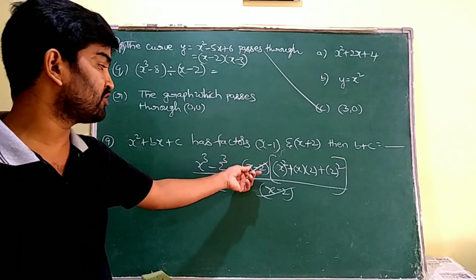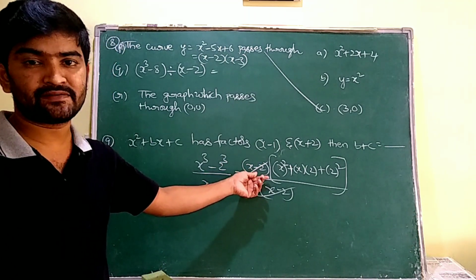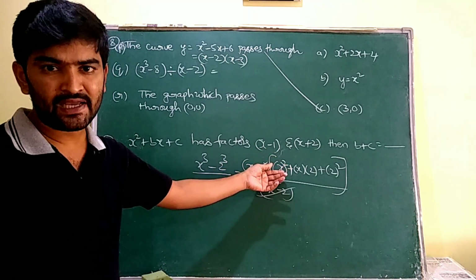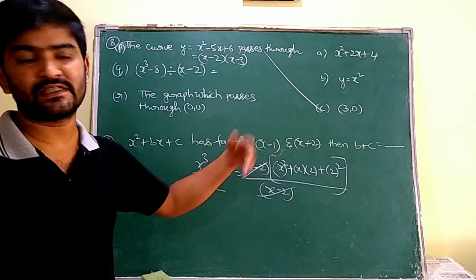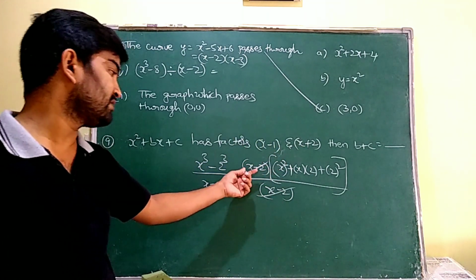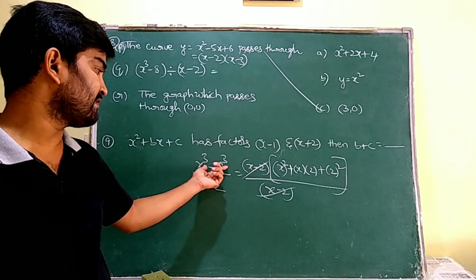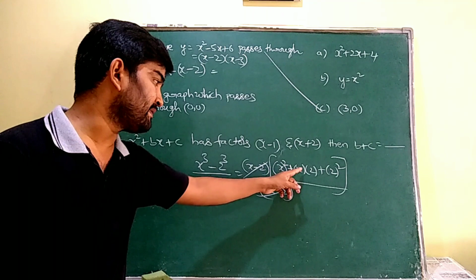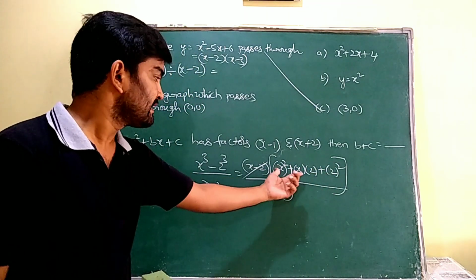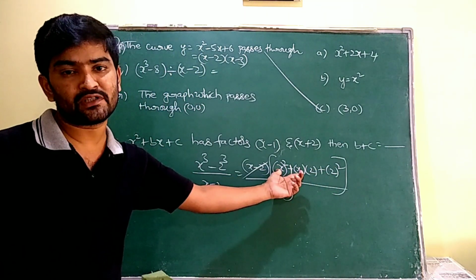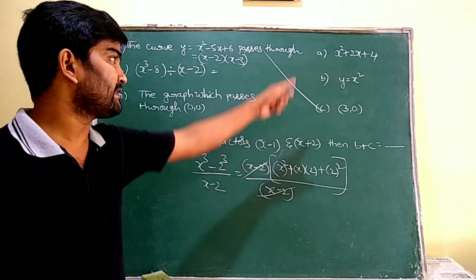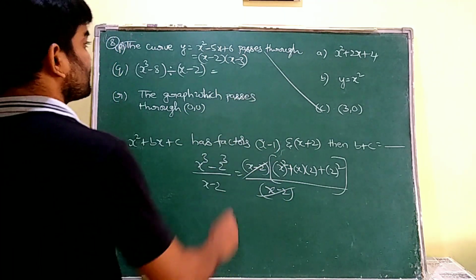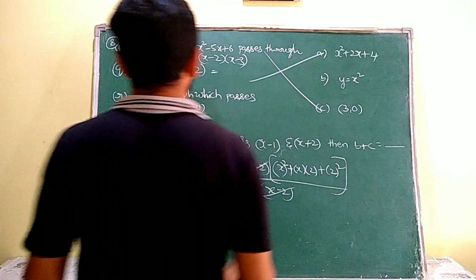This x cube minus y cube is expressed as x minus y into x square plus xy plus y square. This is the quotient we are going to obtain, which is x square plus 2x plus 4. So that's why these two are joined.